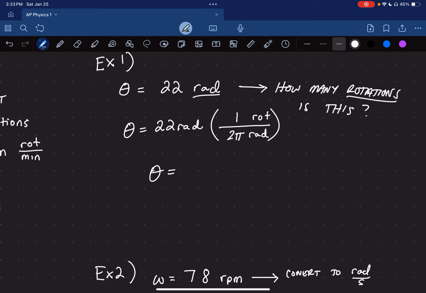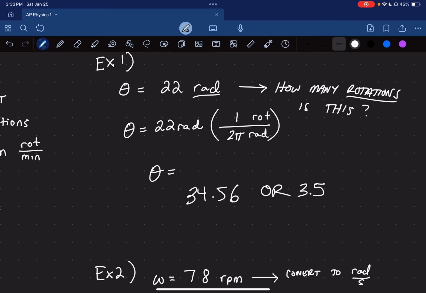This is one of the times where I do want you to try this on your own. Try doing 22 divided by 2 pi and make sure you get the right answer. You will either get 34.5 or 34.6 really, or you would get 3.5.